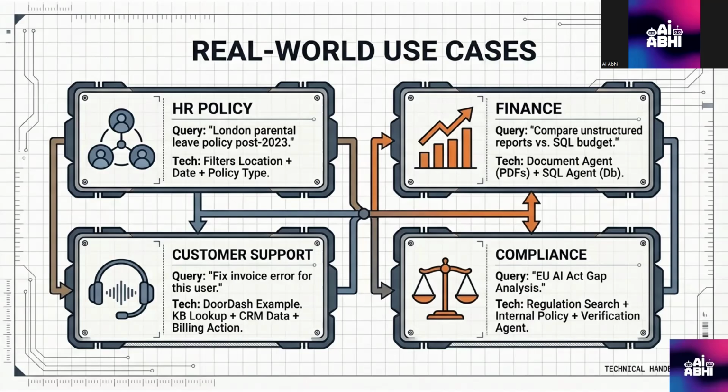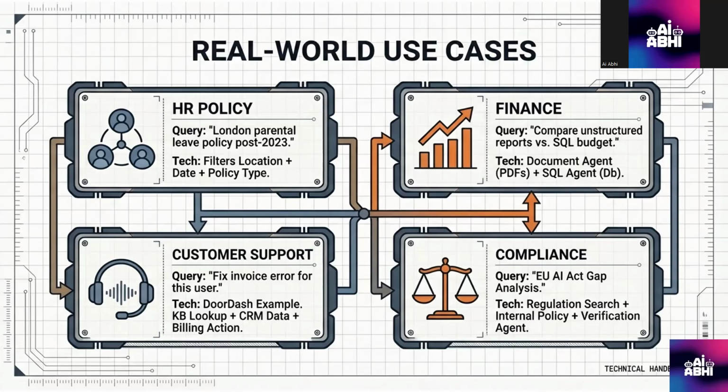The next use case we are going through is the customer support copilot. A support agent says a customer's invoice shows the wrong amount. How do I fix it?